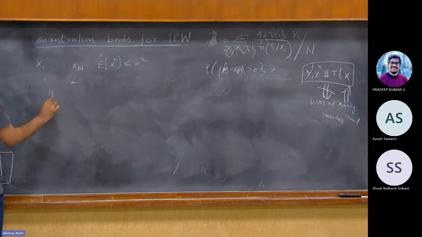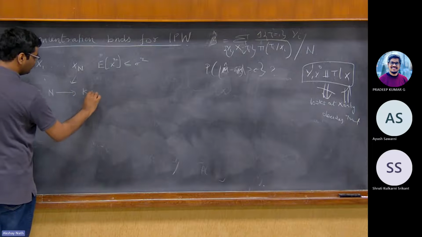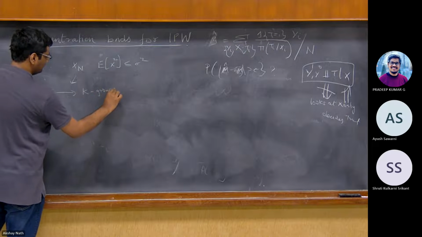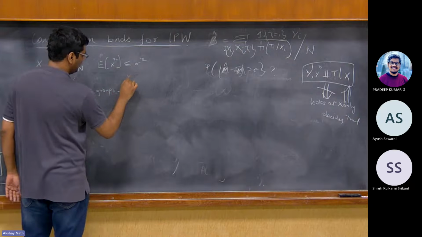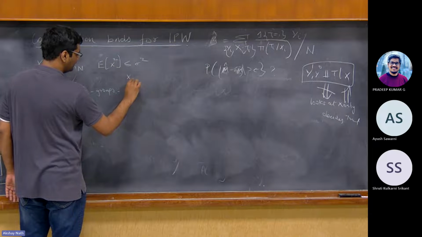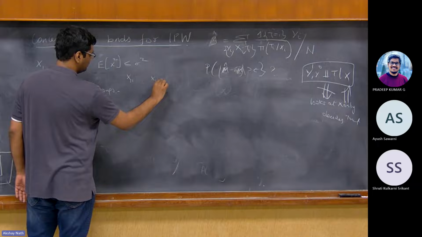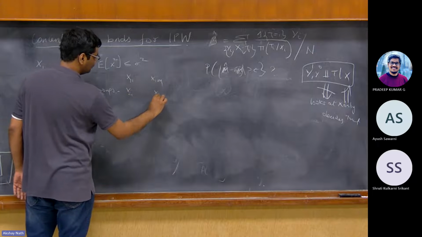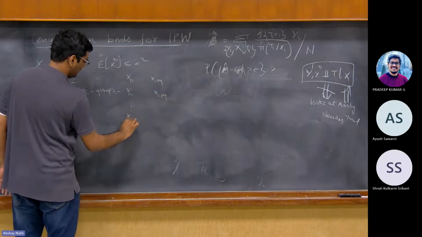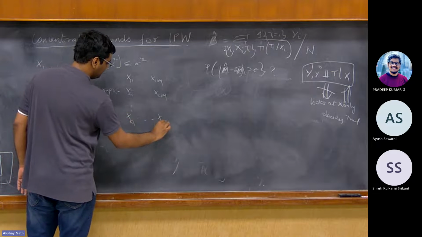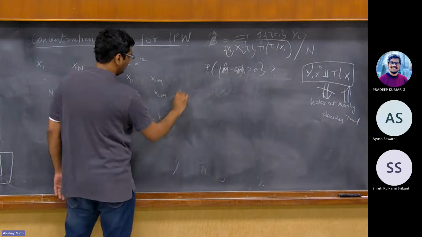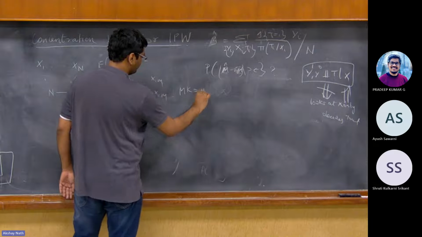So this is how you start using it. You have n samples. You divide it into k groups. So I'll name the k groups as the following. So this is x11, x1m, x21, x2m, and so on till xk1, xkm, where m times k is equal to n.